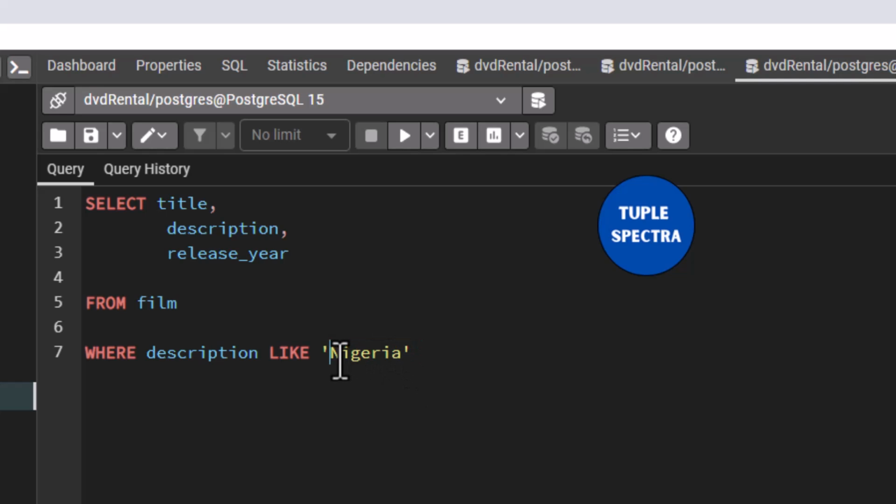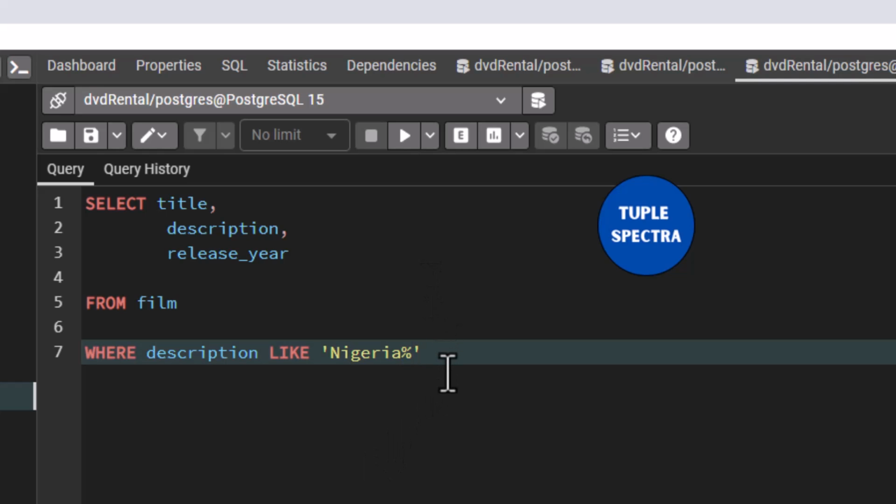What about if I take this percent away and I put a percentage right here? What is this saying? This is saying that you want rows in which Nigeria is the first word, and then you have one or more characters after that.